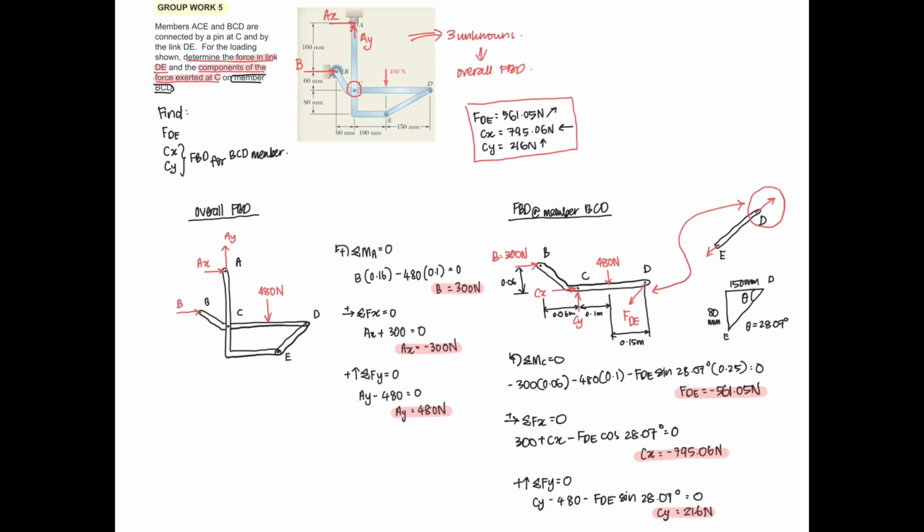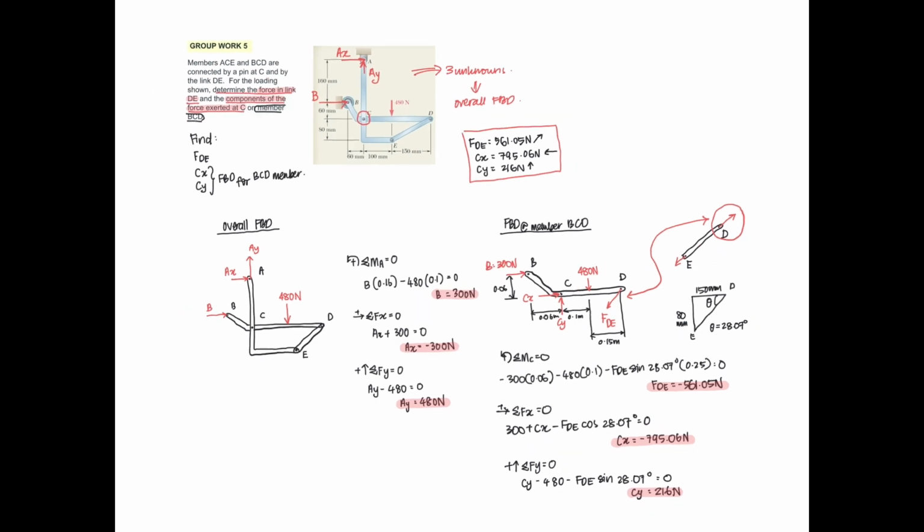So no need to be confused on that value. As long as your FBD is correct and the calculation is correct, then you should get the answer, right? Even if the positive and negative values are different, the answer itself is the same. The negative and positive only show the direction. Okay, so that's it for 6.2 under frames.